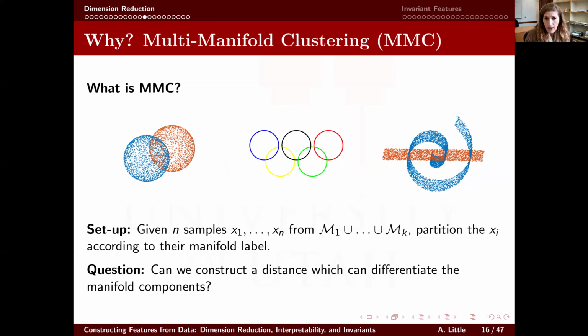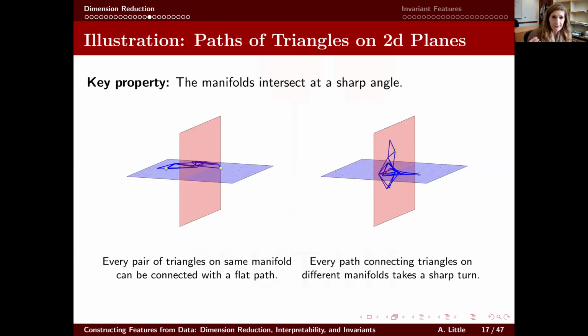Okay, so the key feature that we would like to leverage in doing this multi-manifold clustering is the fact that these manifolds will intersect at a sharp angle, and somehow we want to pick up on that angle. To illustrate the idea, just think about a very simple case where you have 2 intersecting planes.